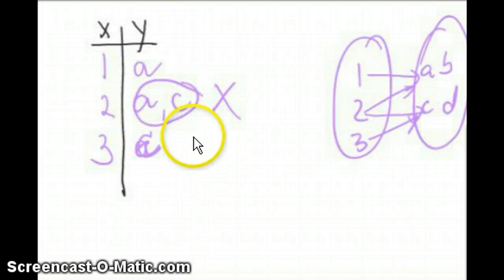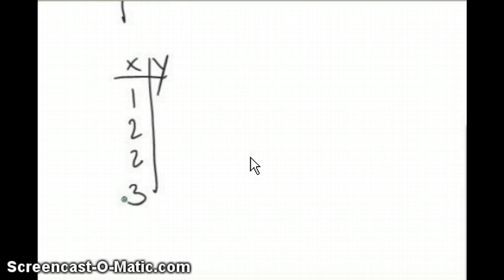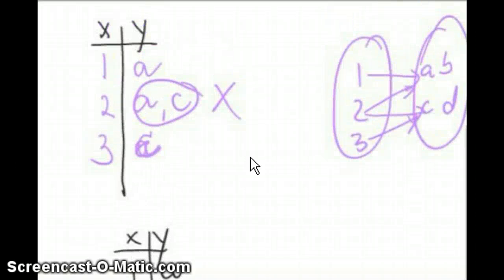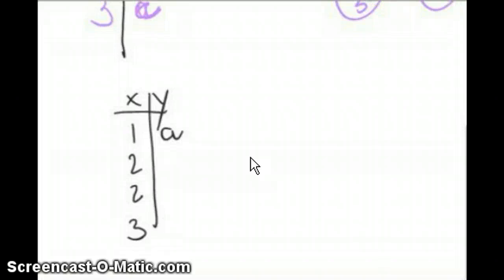You could see this in a trickier format that might trick you. So the same picture, x and y, can have 1, 2, 2, 3, and the corresponding image for 1 is A, for 2 it was A and C, and for 3 was C as well.